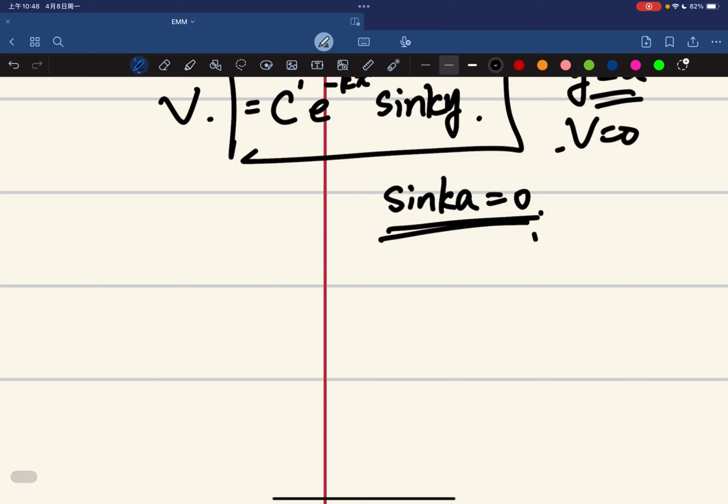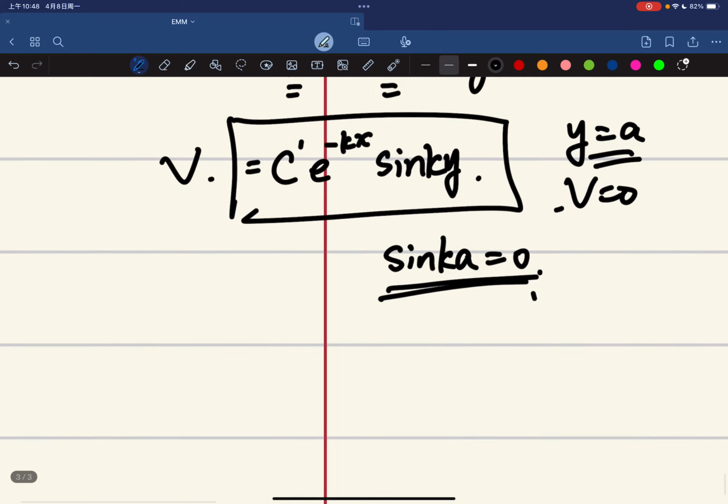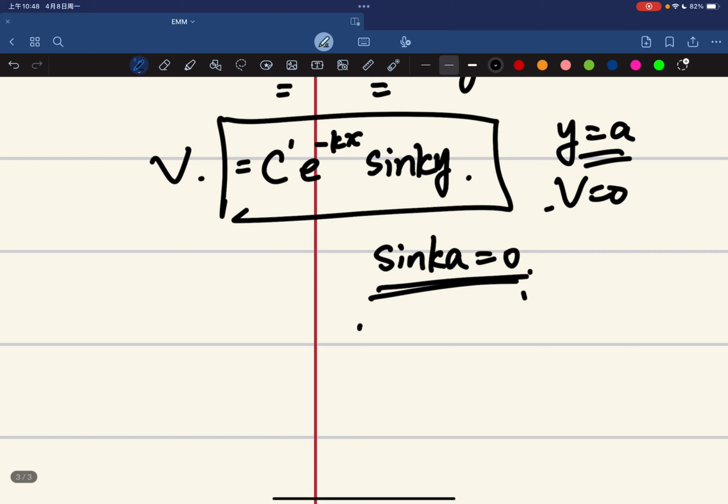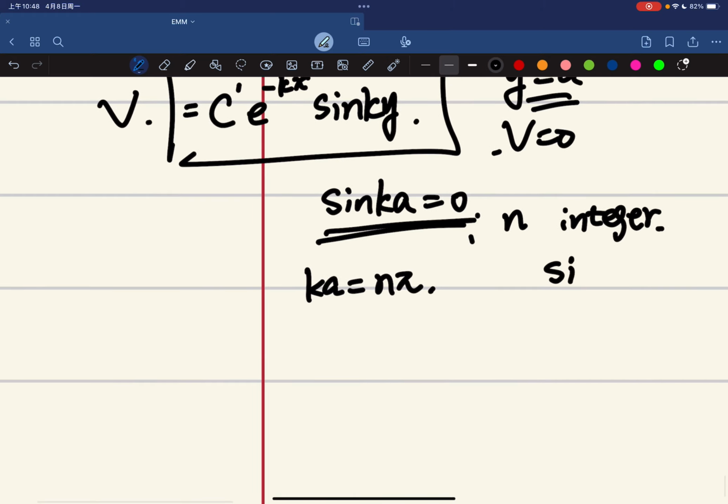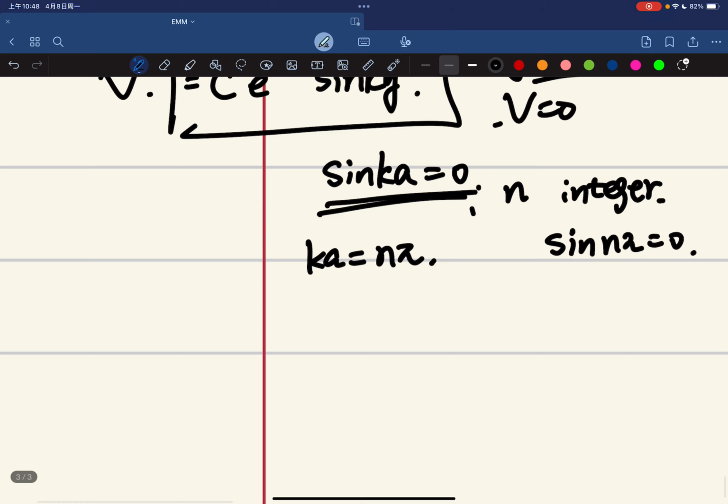And sine ka is equal to 0, which means ka must equal n pi, and n is any integer, because sine n pi is equal to 0. So now we have this.